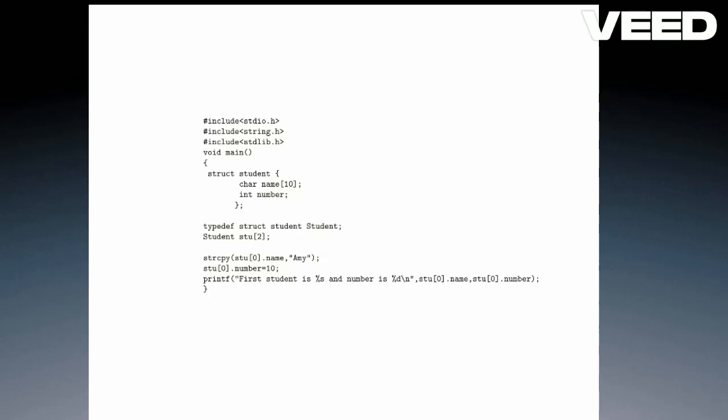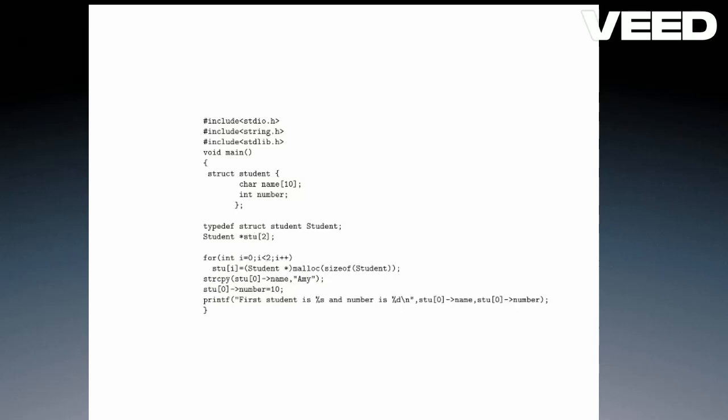There are only two elements in this array, two entries of type student, our user defined data type. And since I have directly allocated, there is no pointer here, so I can use the dot notation. So stu0 dot name, I can copy Amy, and number I can assign 10, and I can print them out using the dot notation.